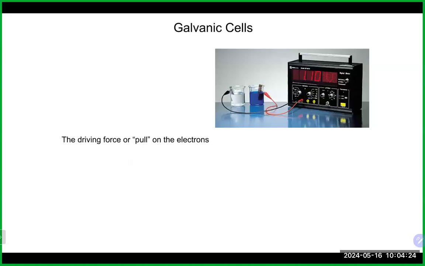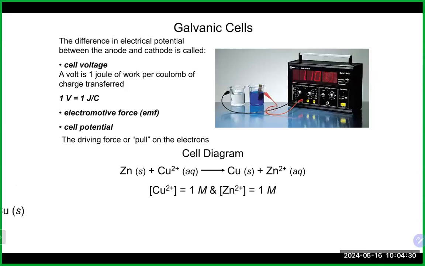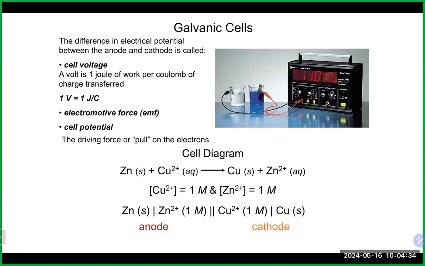So, talking about the galvanic cell, as I mentioned, there is a difference in electrical potential in a particular galvanic cell. And a volt is 1 joule of work per coulomb of charge. So that little conversion we'll use down the road: a joule over a coulomb, basically.